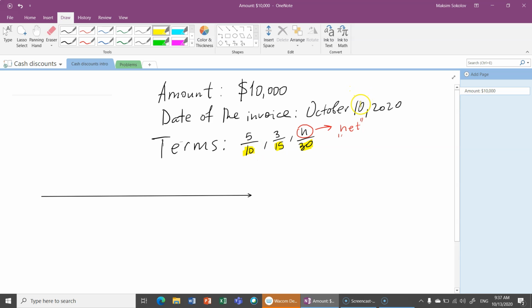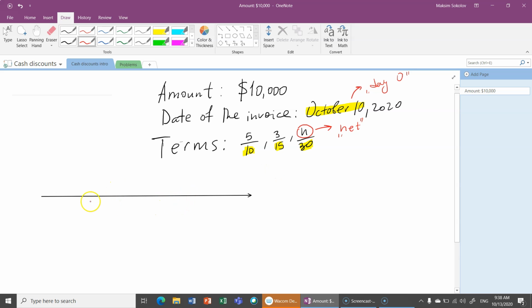It is important to note that October 10 here, the day of the invoice, is considered to be day 0 of the invoice. So October 10 is day 0. Okay? So when we speak about these terms, 5/10, 3/15, net 30, they take into account the fact that the actual day of the invoice is day 0.